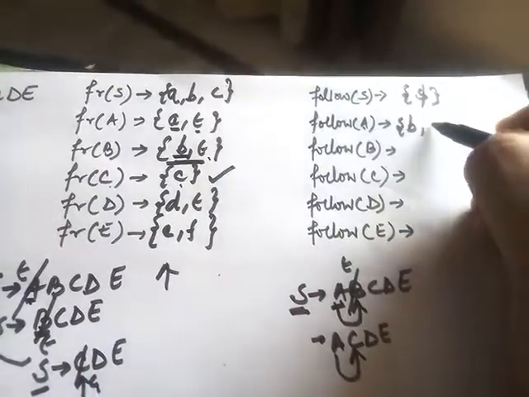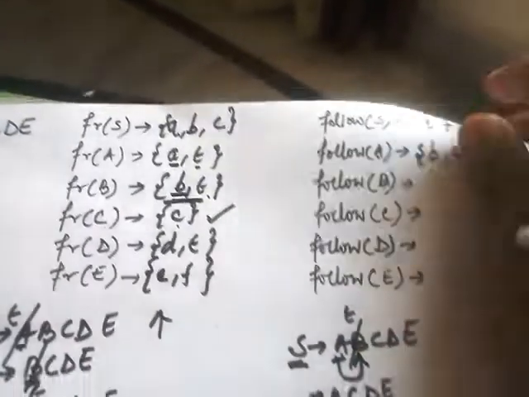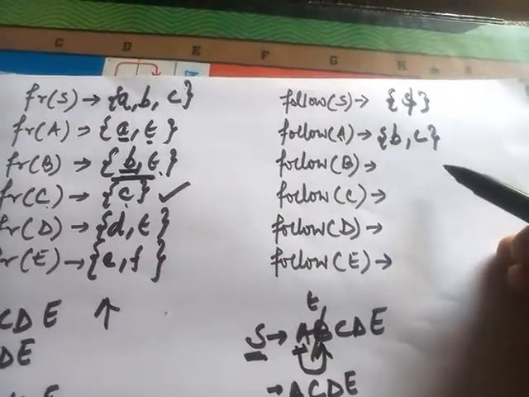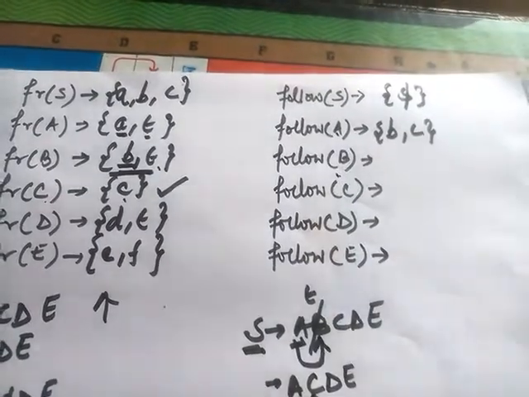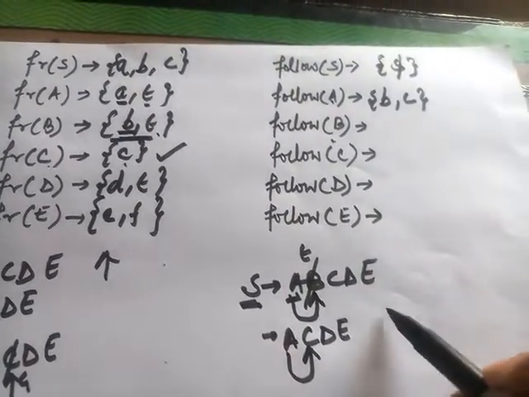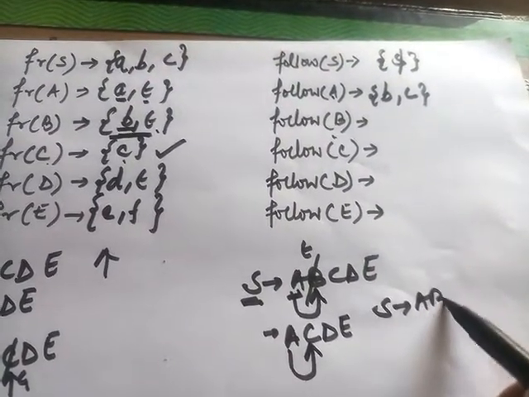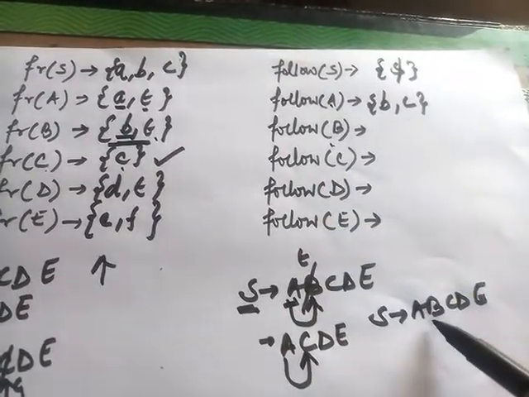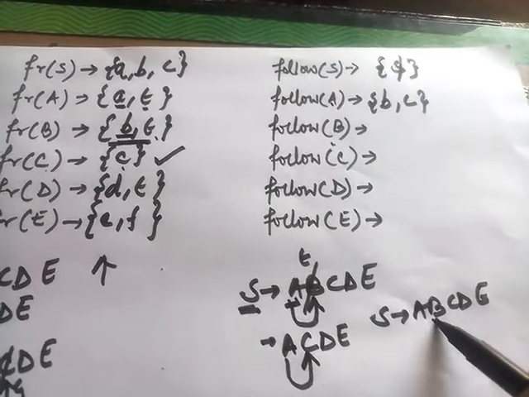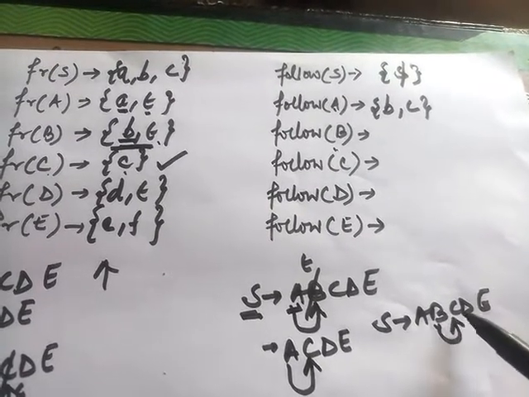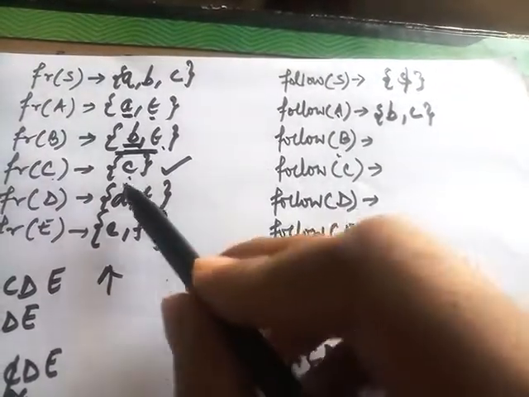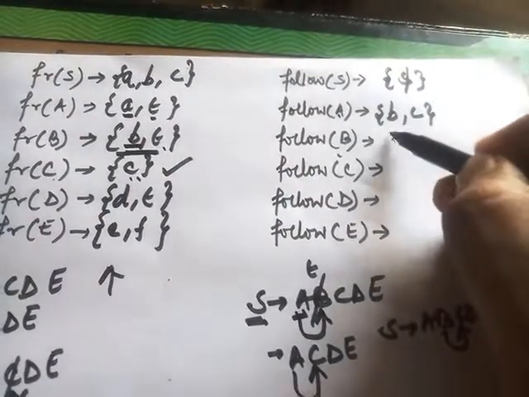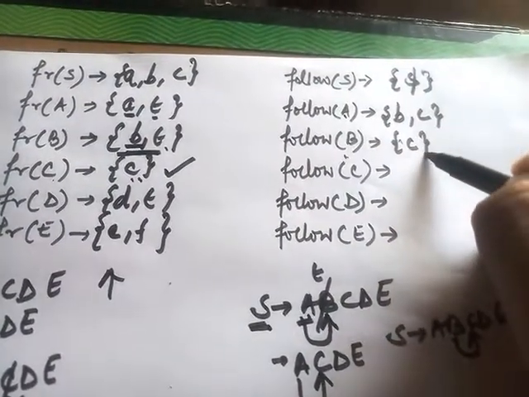Small c. It's very simple, just pay attention. Now this is the original string. S generates A, B, C, D, E. Now follow of B is first of C. What is first of C? Small c, so it will be c only.